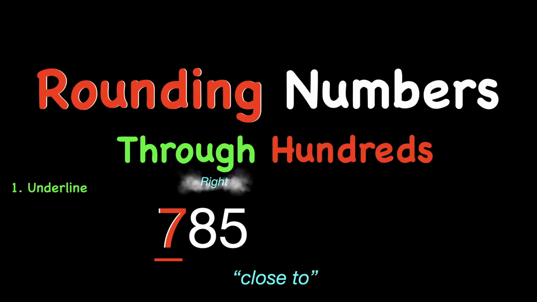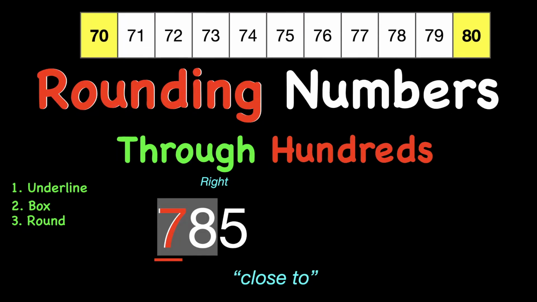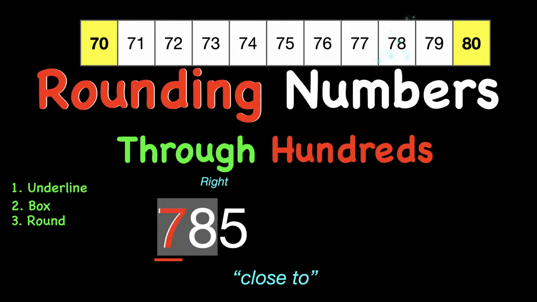The next step would be to take that digit and the digit to the right, which is the 8, and box it. That number in the box, 78, we are now going to round to the nearest 10. Today we'll be using a rounding chart. We would find 78 on the rounding chart, and notice that 78 is in between 70 on the left and 80 on the right. It's going to be one of those two numbers that we're going to pick.